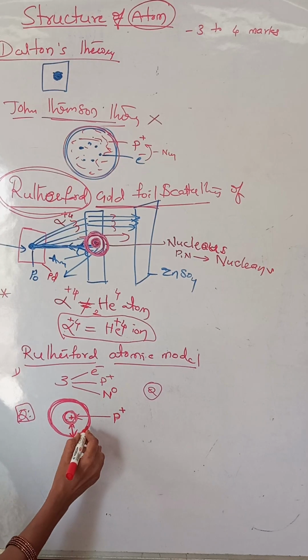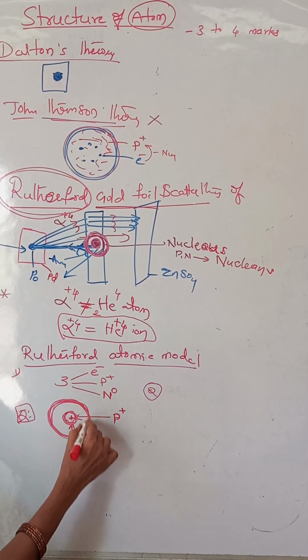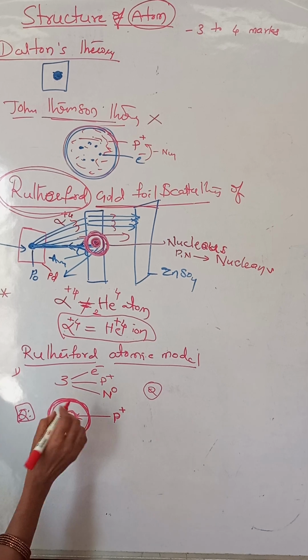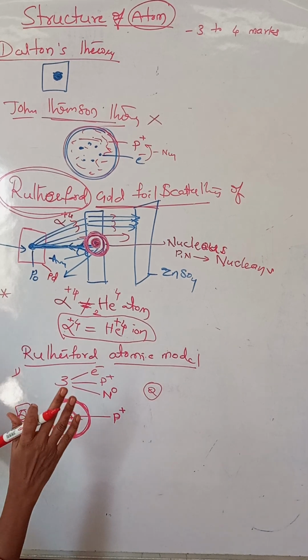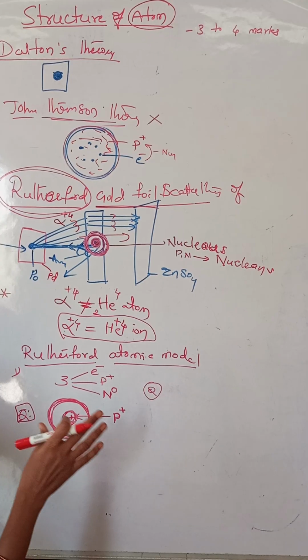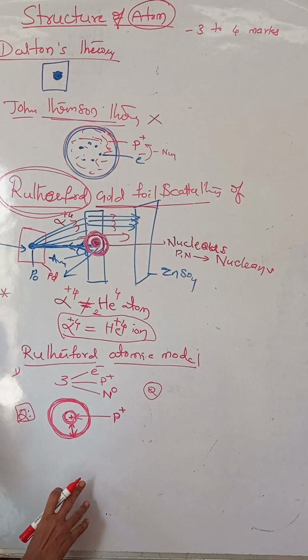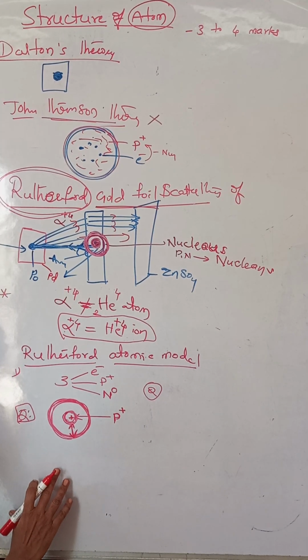Here these electrons revolve through a closed circular path, just like planets revolve around the sun. That's why this theory is known as the planetary atomic model.